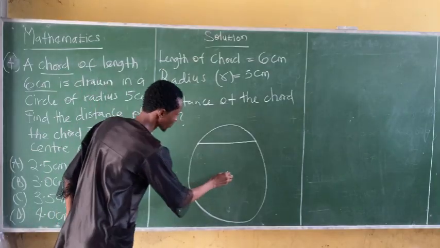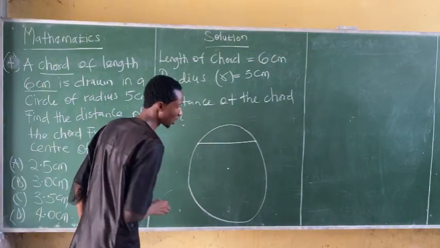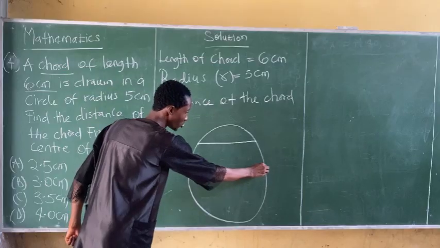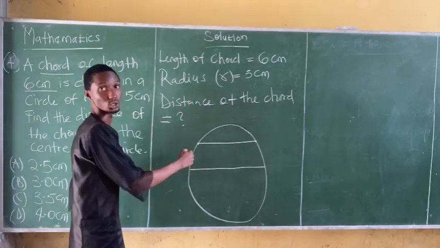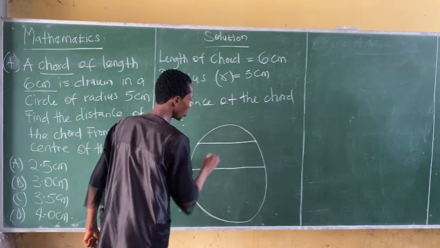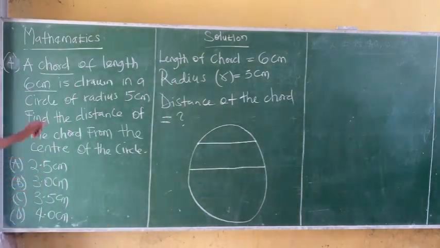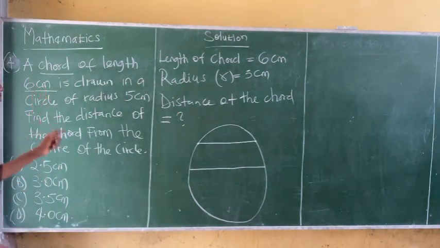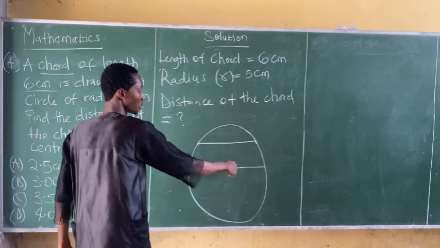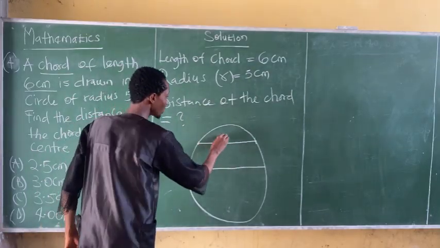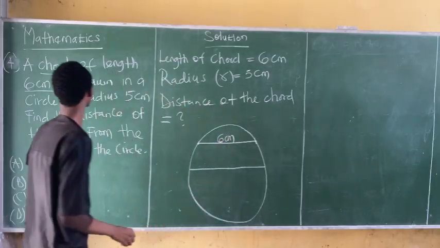So a diameter is also a chord, but it is the longest chord. Let's say this is the center of the circle. This line drawn here is the diameter, right? While this is the chord. From the question it says a chord of length 6 cm. So let's assume from here to here, this is the chord you are working with, not the diameter. This is 6 cm.